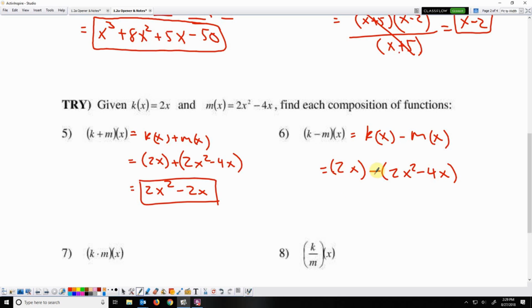Okay, so no x squared here minus 2x squared. And then 2x minus negative 4x is positive 6x.